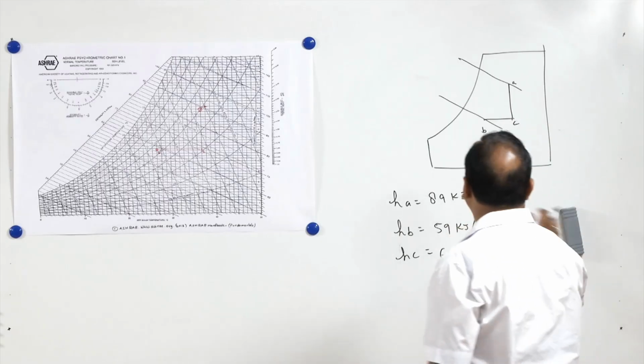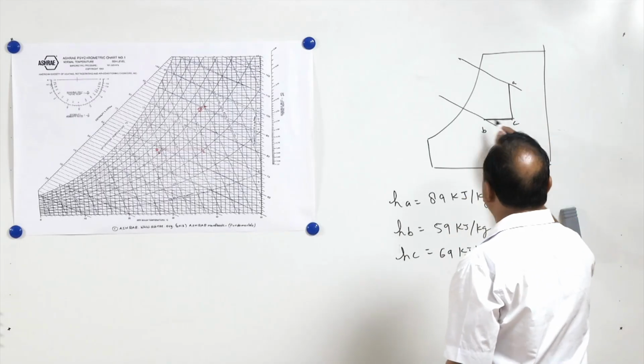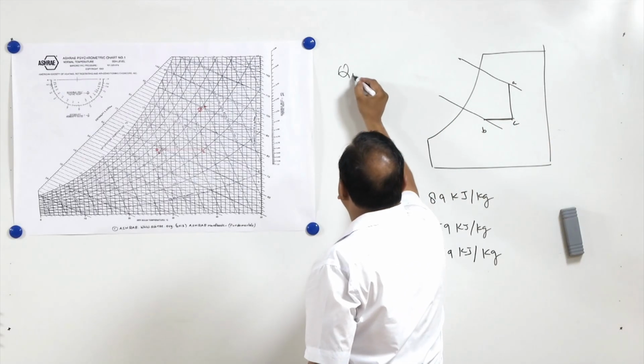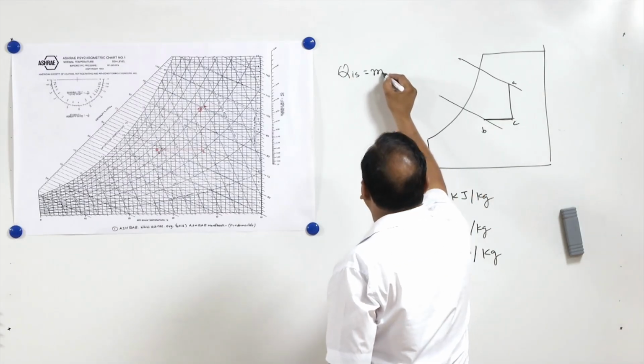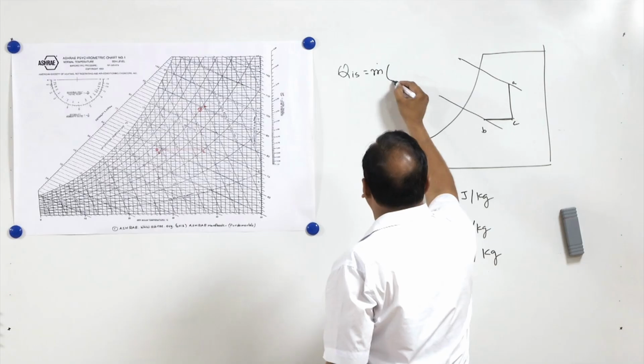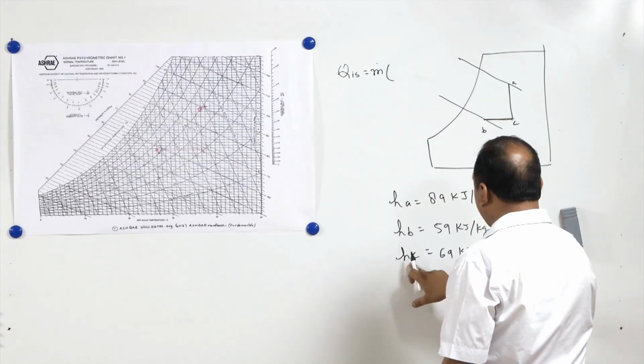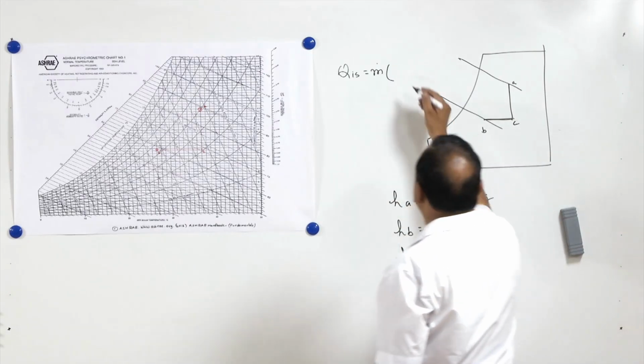Now the sensible heat which is coming into the room, QIS, is equal to the mass flow rate of infiltration air multiplied by HC minus HB.